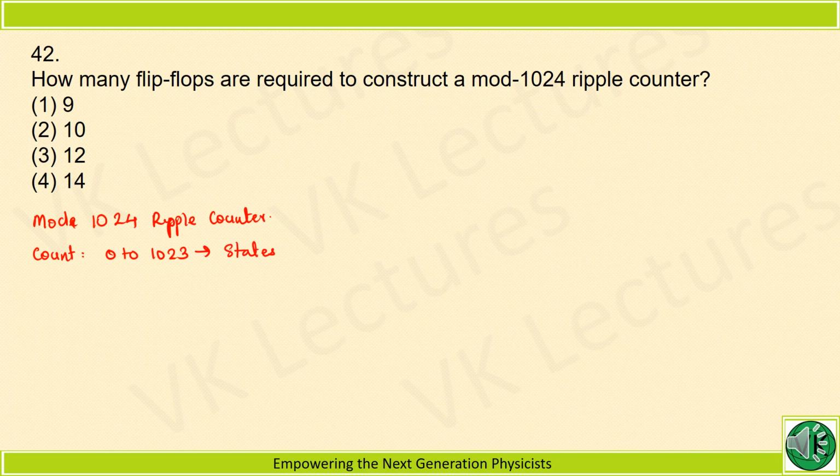Okay. Now how many bits are required? So the number of bits is given by log to the base 2 of N. So this is the value of N, or how many states? 1024. N equals 1024, from 0 to 1023.